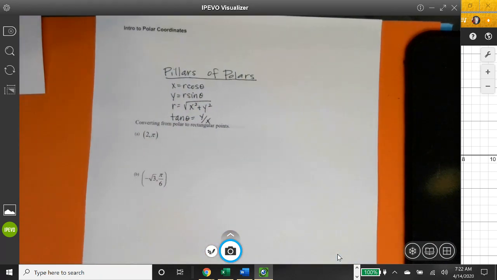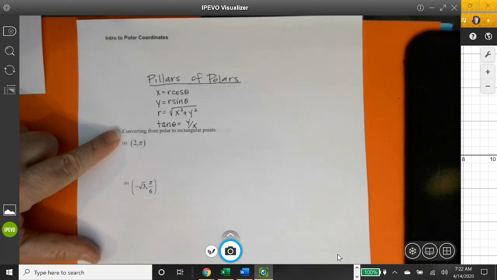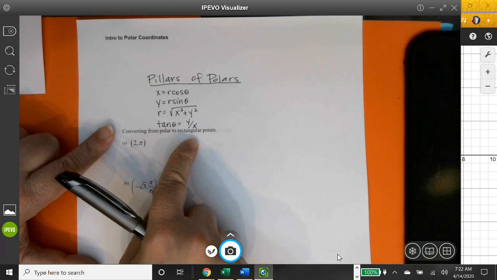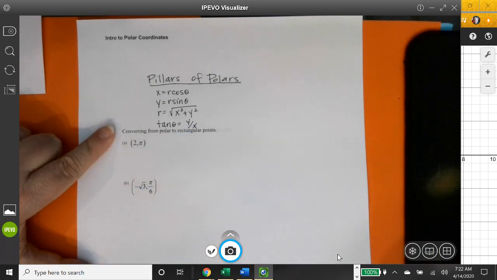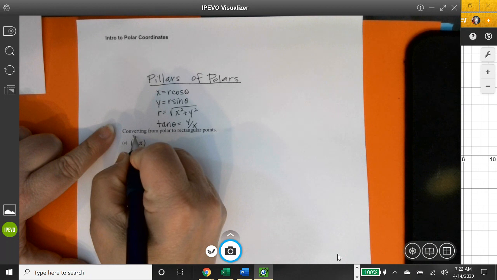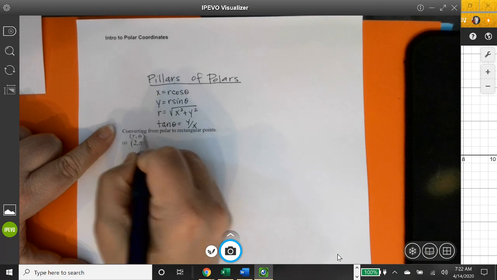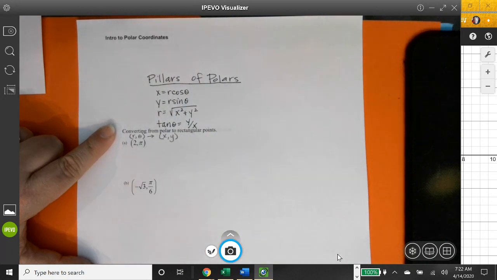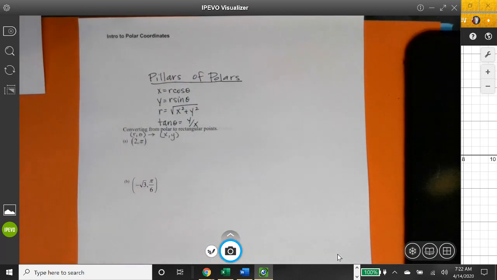All right, so these are the kind of problems that we're going to have. We're going to convert the polar coordinate into a rectangular point, which means I'm given r comma theta, and this helps me to go into an x, y coordinate. Oftentimes it's easier to go from polars to rectangular because you're given r and theta.